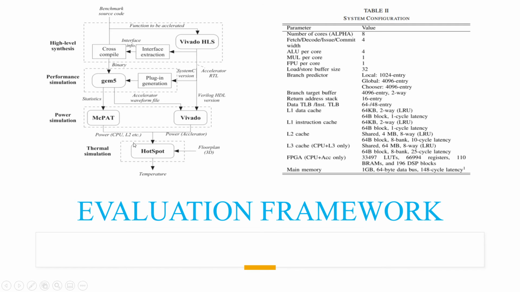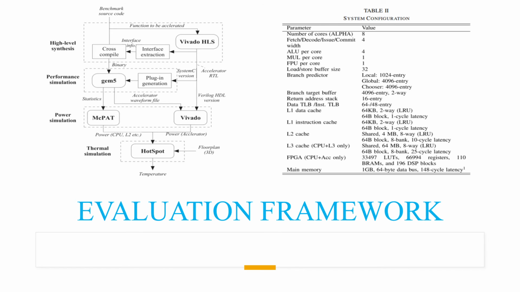The HLS part contains Vivado HLS, which converts a C++ function into accelerator hardware at the register transfer level. The function to be converted is chosen based on the software profiling result. The generated accelerator has multiple versions with the same underlying hardware structure but written in different languages: Verilog hardware description language, which is HDL, and SystemC.